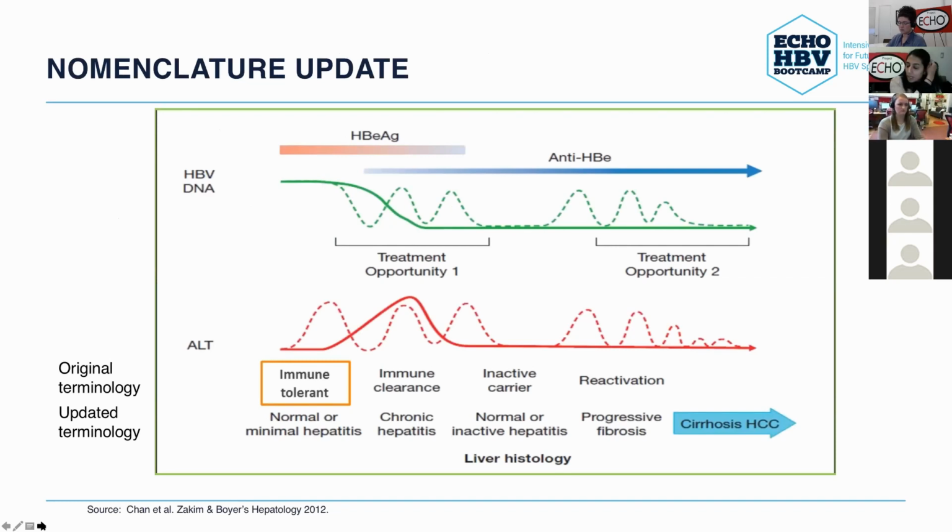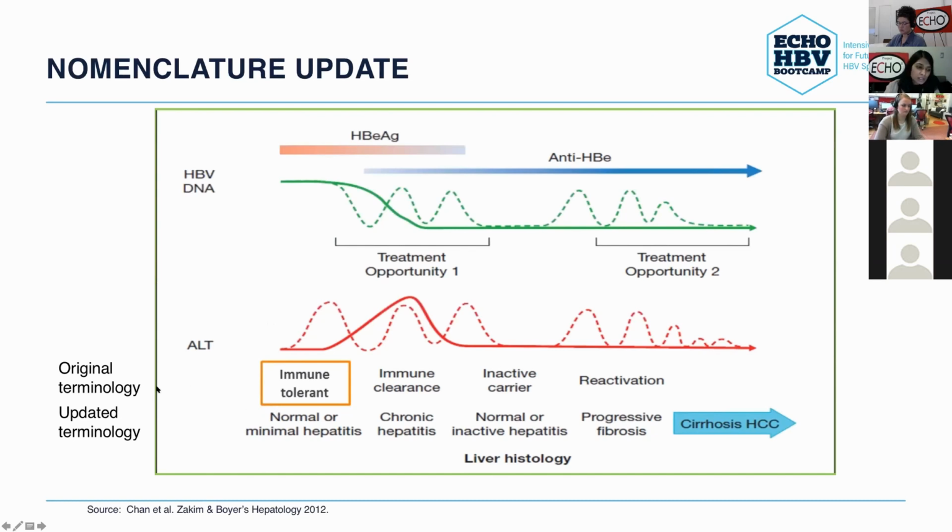So we talked a little bit last week about how we've updated some of the older terminology, although I will say that while some of this newer terminology is used by the European groups and now some of the American Association for the Study of Liver Diseases groups, we still see a lot of vestiges of the old terminology being used in the literature, sometimes even in the guidances that have been recently updated as of 2018.